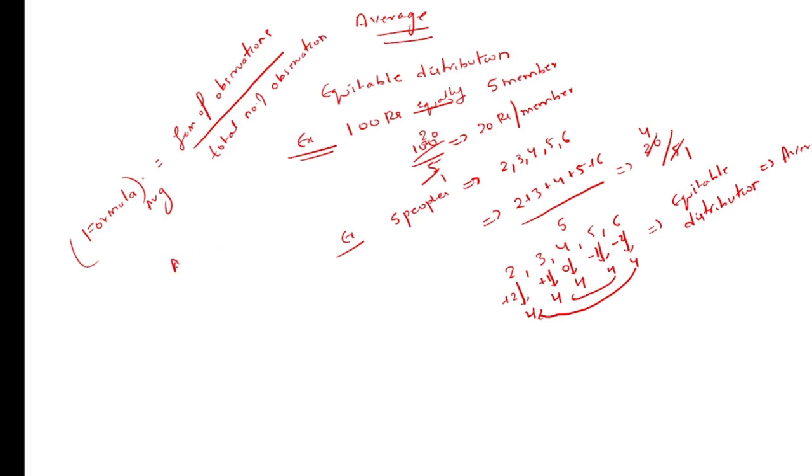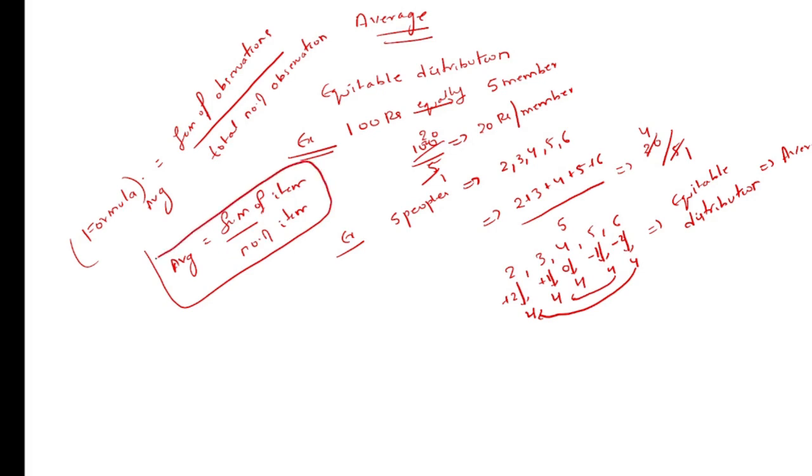Hence, average is equal to the sum of items by the number of items. This is the formula for average. So let's see some examples, some tricks for average.